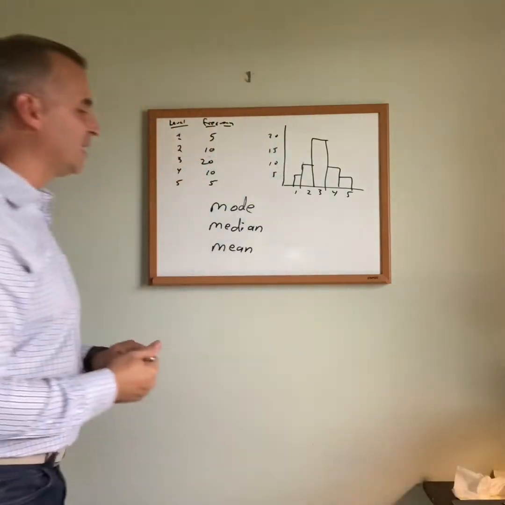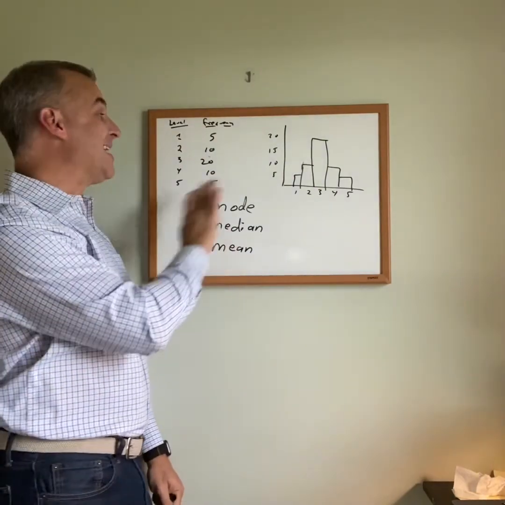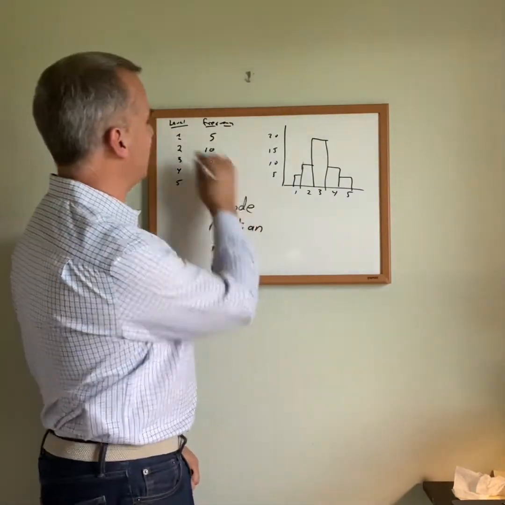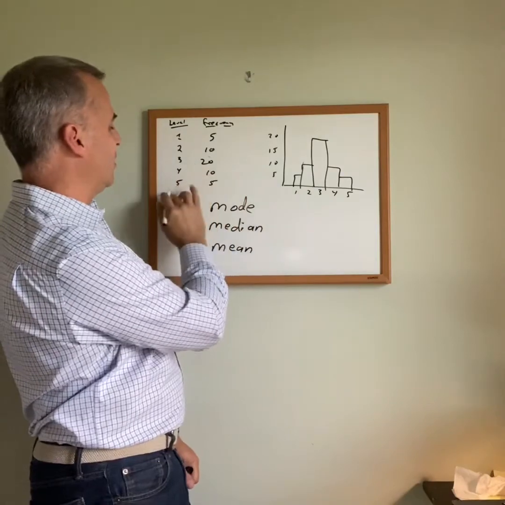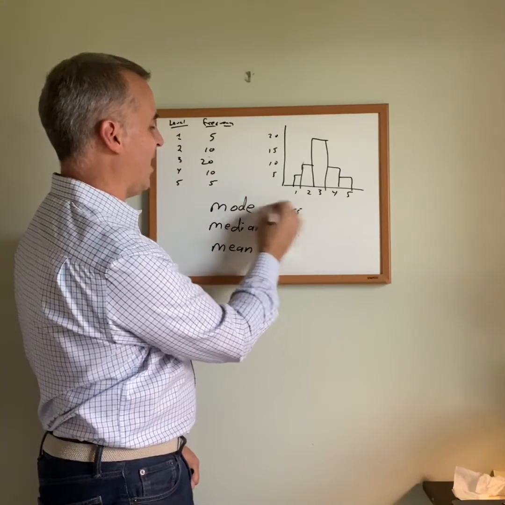The median is what we would get if we lined up everybody's answers in order, right? If we started high to low, it would be 5, 5, 5, 5, 5.